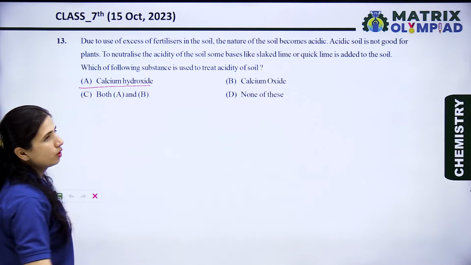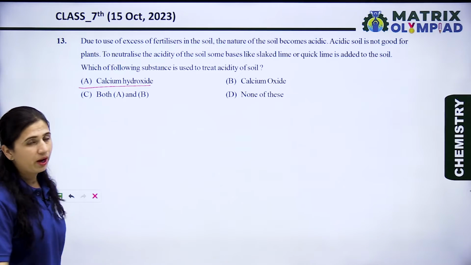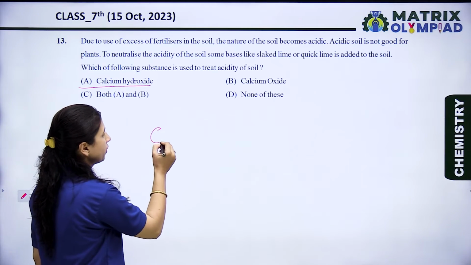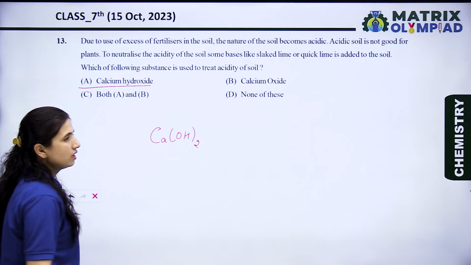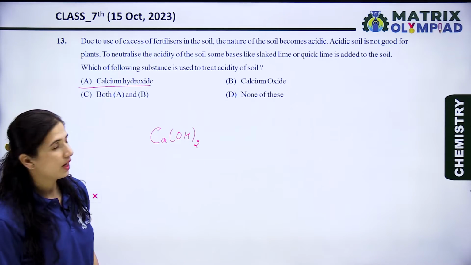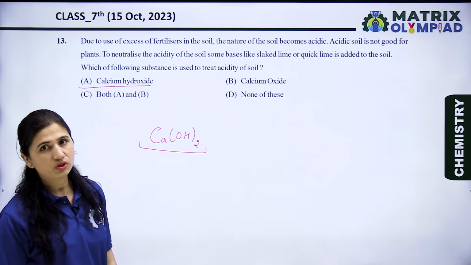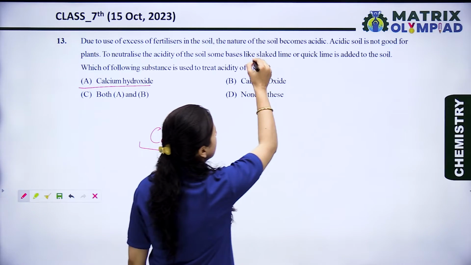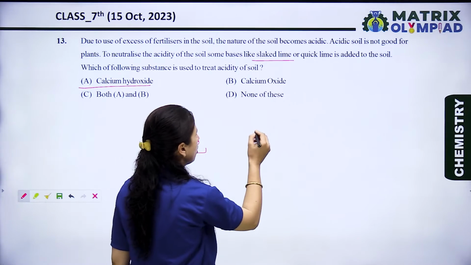Let's see option A, calcium hydroxide. The formula of calcium hydroxide is Ca(OH)2, and it is also known as slaked lime. Now, let's see option B, calcium oxide.